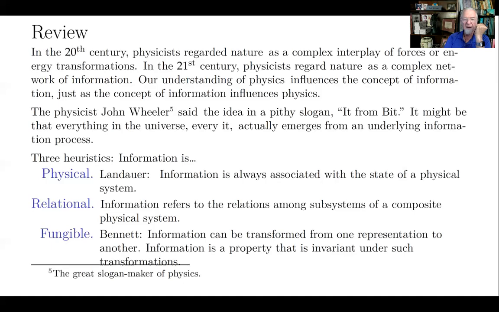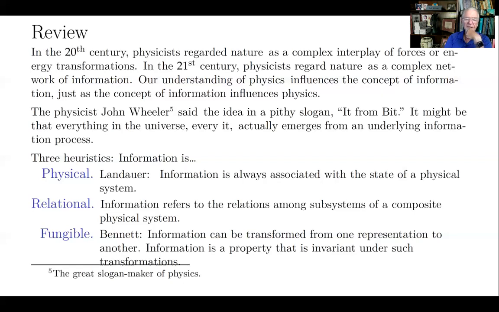And our understanding of physics influences the concepts of information, just as the concept of information influences physics. Again, John Wheeler, great slogan maker of physics, said the idea in a pithy slogan, "It from bit." It might be that everything in the universe, every it, actually emerges from an underlying information process.